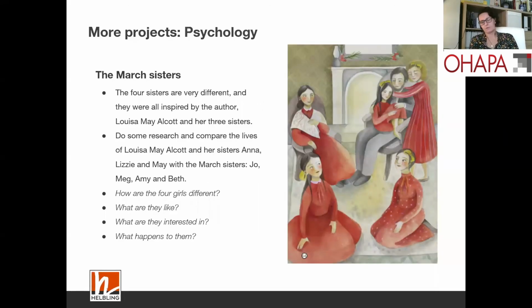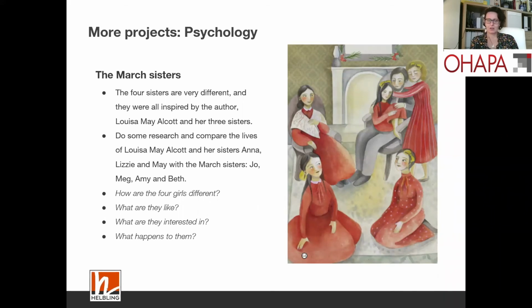And finally, there are 2 more projects to go. One is psychology, in a popular way, of course. The 4 sisters are very different, and they were all inspired by the author and her own 3 sisters.